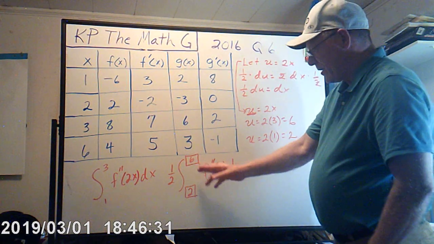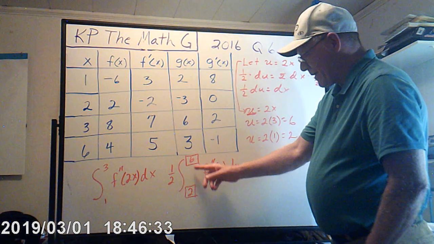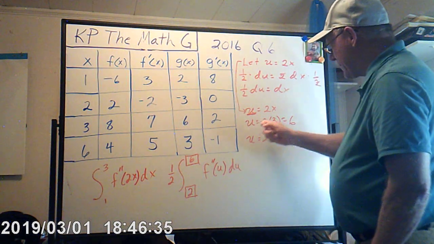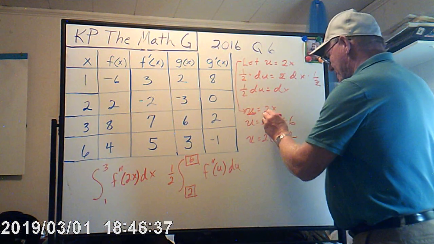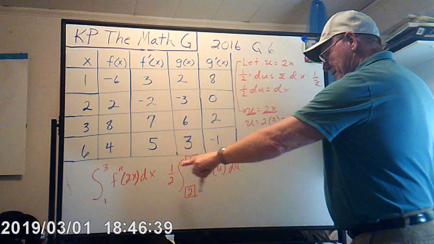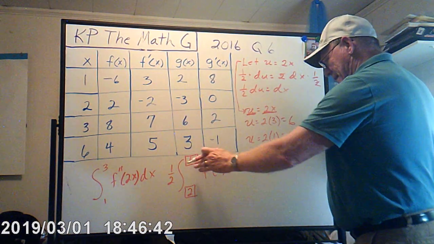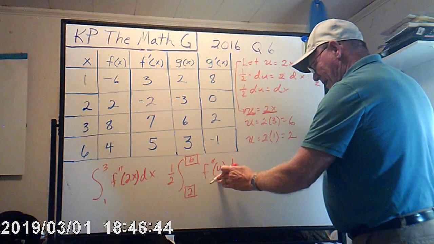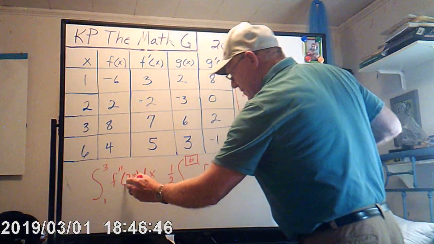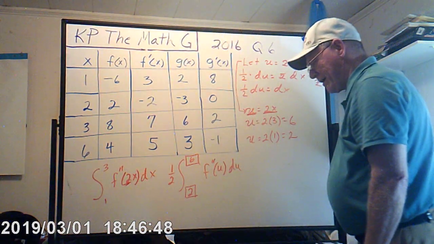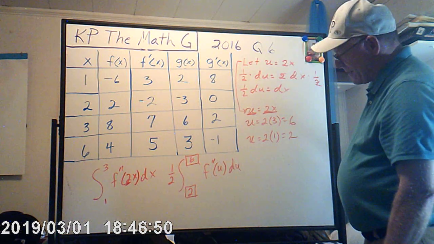That's how you change the limits of integration. U is whatever U is, you can plug these numbers into x and change that, and that way now you can eliminate the 2 right here.